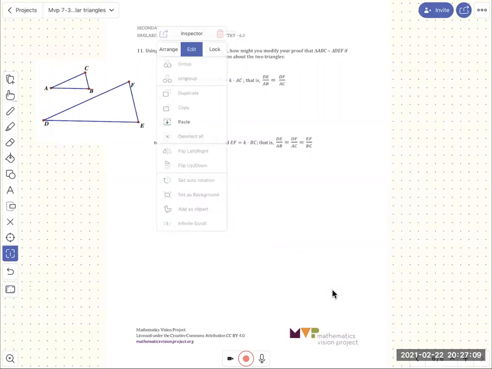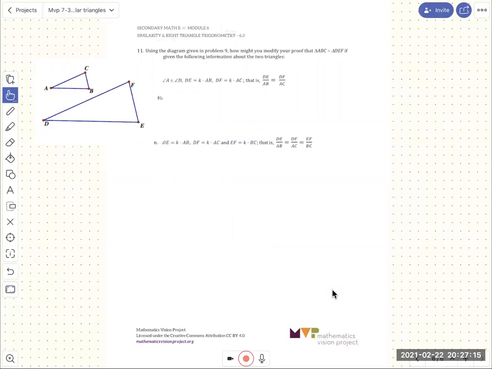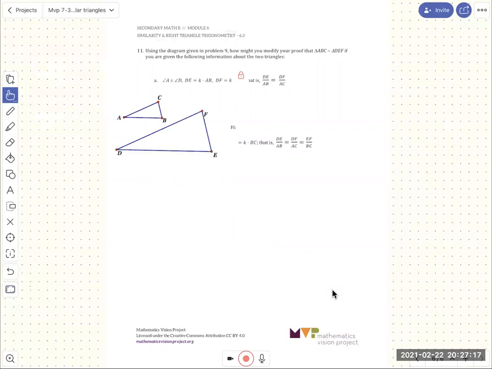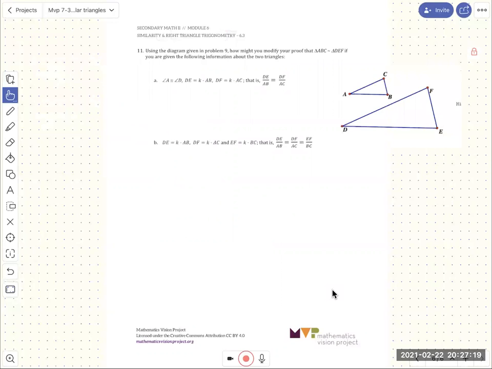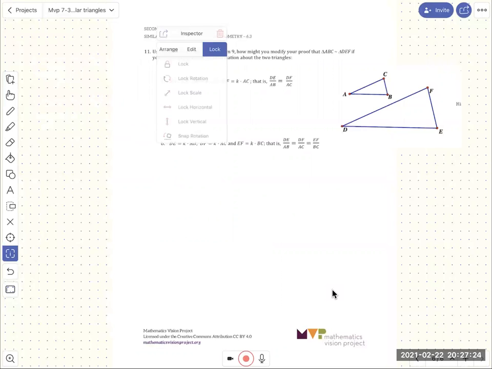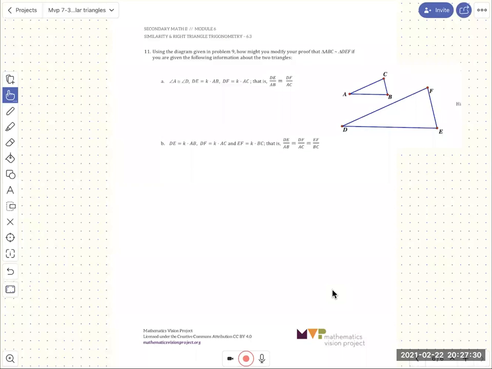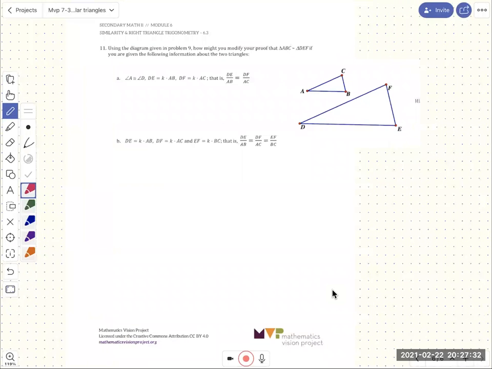And let's lock the rotation on that. And we lock the rotation. So we can grab it and move it around, but we've locked the rotation. And so we have angle A the same. So we better lock this guy as well. Okay, so let's see what we've got.